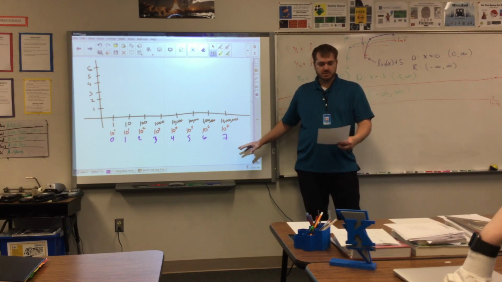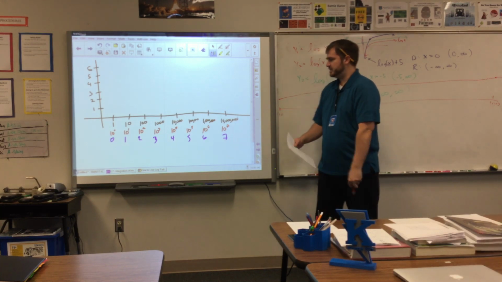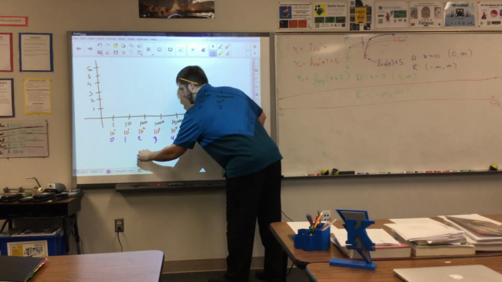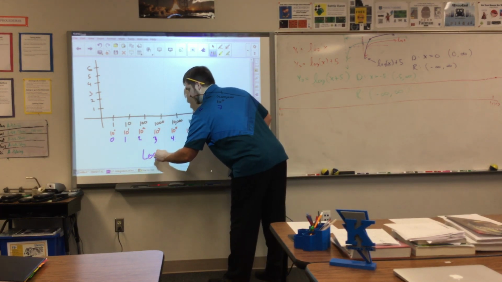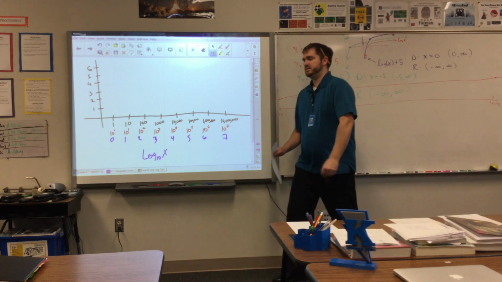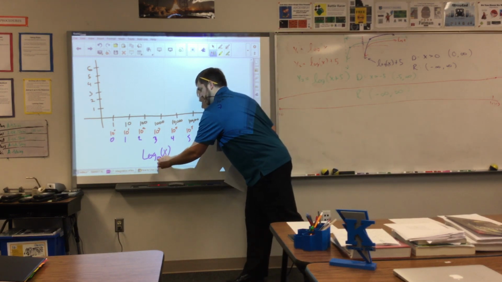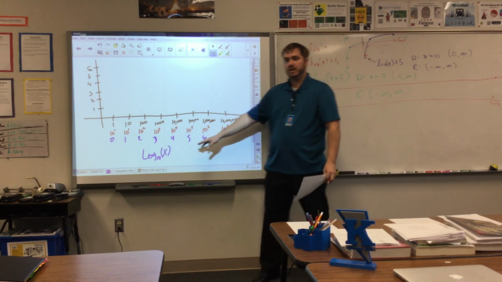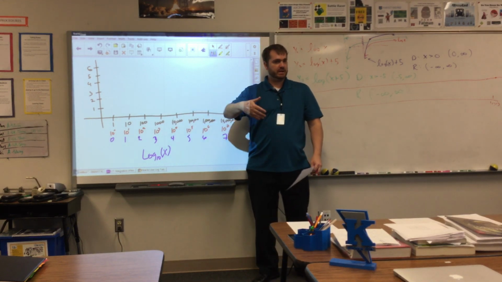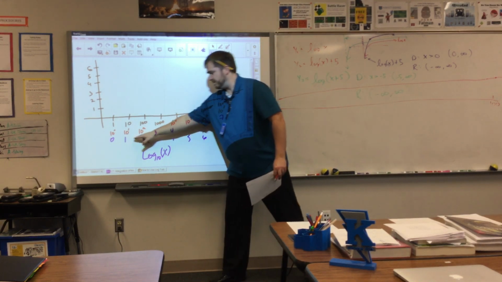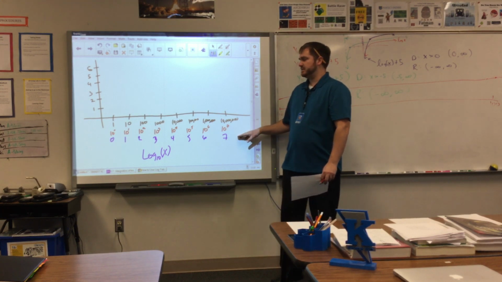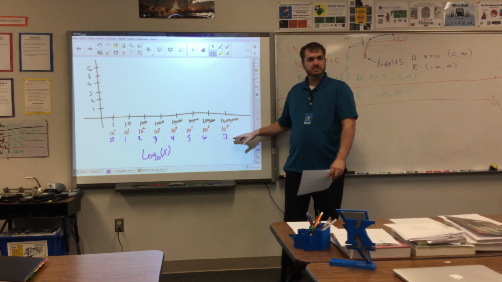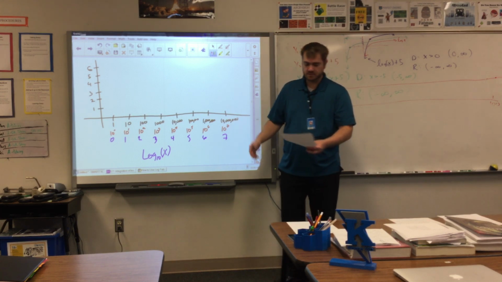But for the units, when I'm labeling this, I will say that this x-axis is the log base 10 of x. Okay? Because remember what logarithms mean. They show me the exponent. So I'm telling you that this x-axis is the logarithm values, or the exponent values.